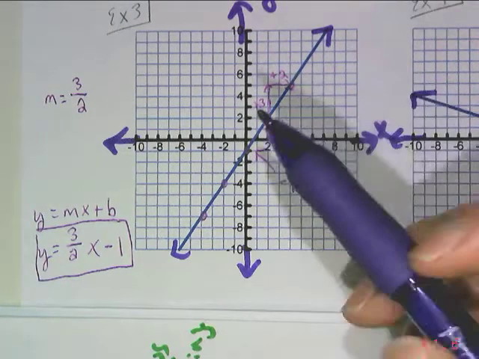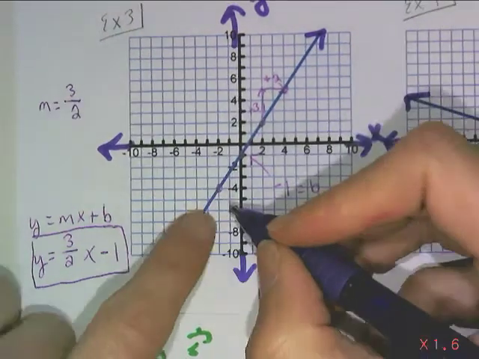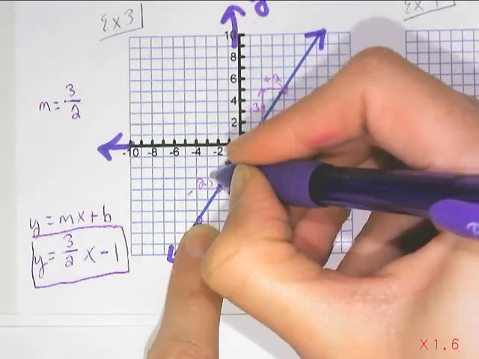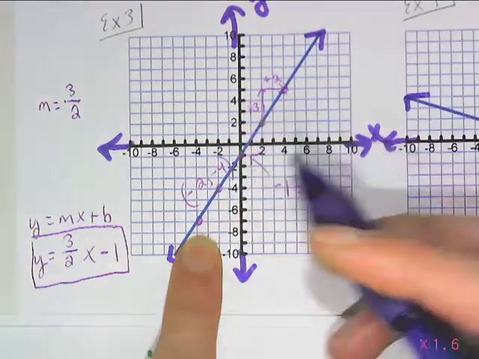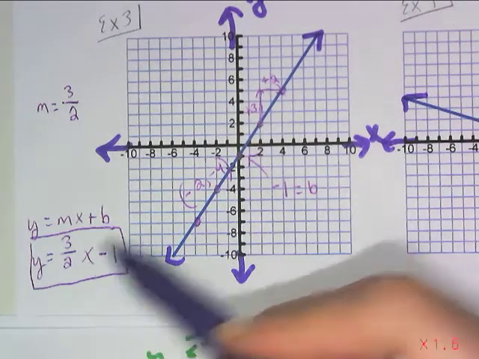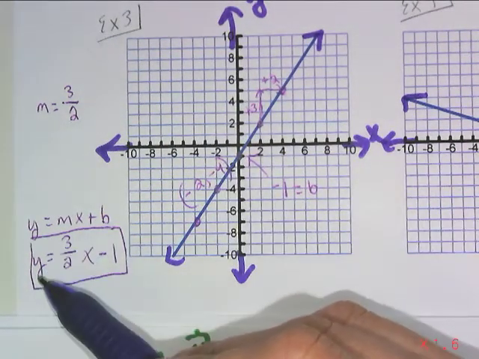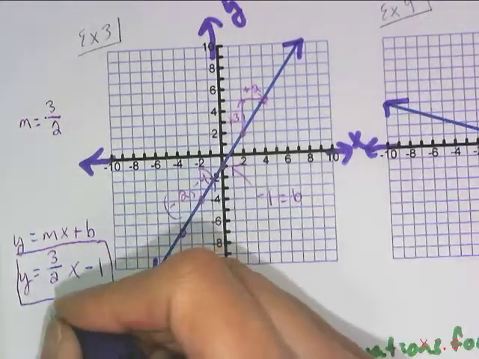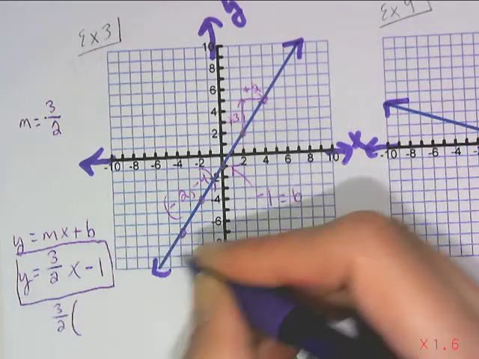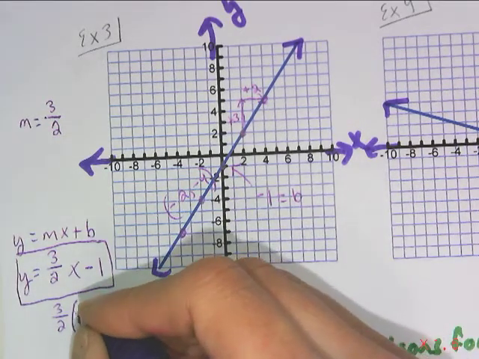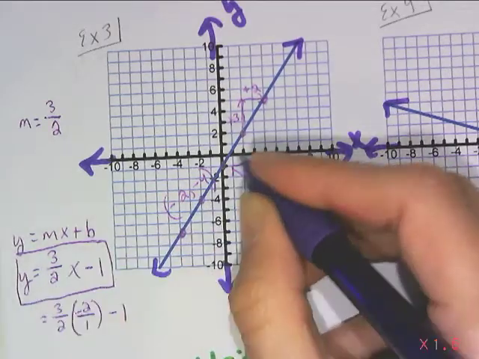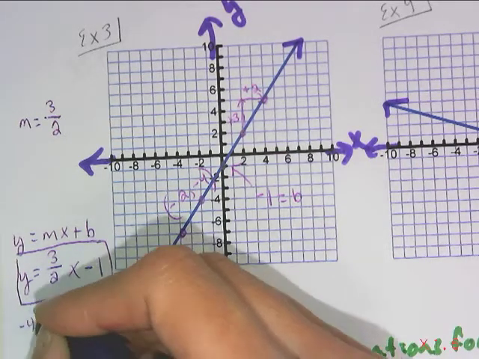You can verify that. If I took this lattice point, which is the ordered pair (-2, -4), I plug in -2 for x and -4 for y, and this should balance out. So if you wanted to check it, 3/2 times -2, minus 1 should in fact give me -4.